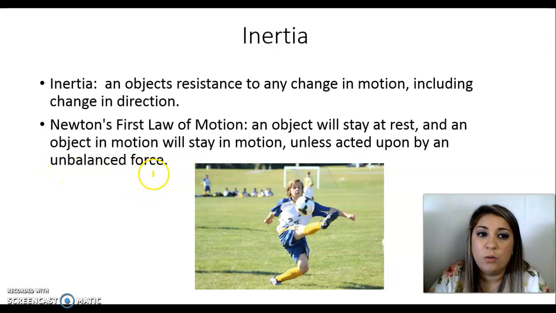Okay? So what's going to act upon that ball? Well, more than likely in this situation, it's going to be another soccer player. Another player is going to run up and stop the ball with his foot, or maybe headbutt it with his head. That is an unbalanced force. Then that's going to make the ball stop, okay?